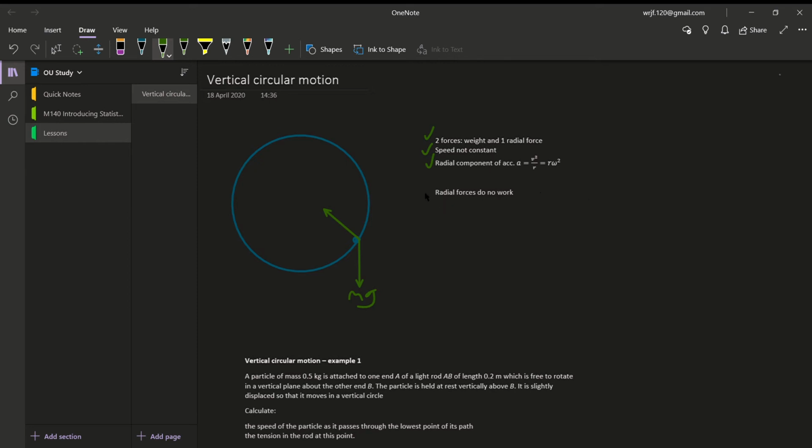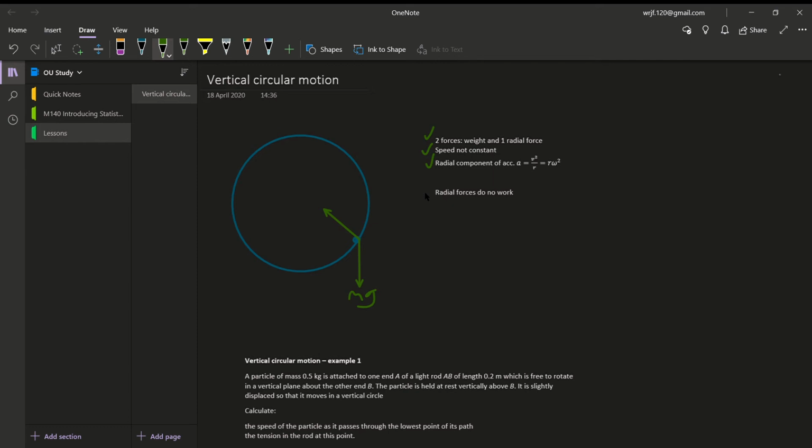The fourth point to recognize is a crucial one which allows us to use particular techniques on vertical circular motions, and that is that radial forces do no work. This is why we're restricting these situations to two forces, one vertical weight force and then one radial force. What we're going to do here is take an energy approach to analysing, or certainly to start analysing, our vertical circular motion.